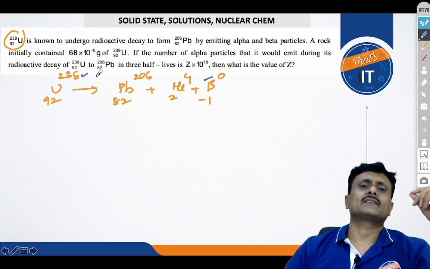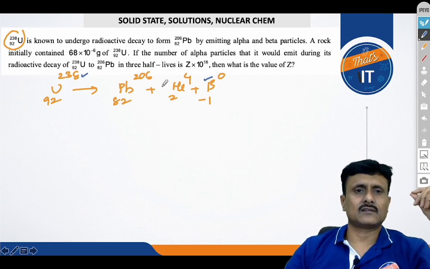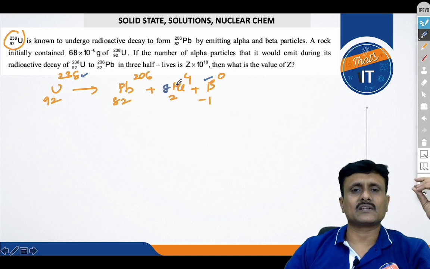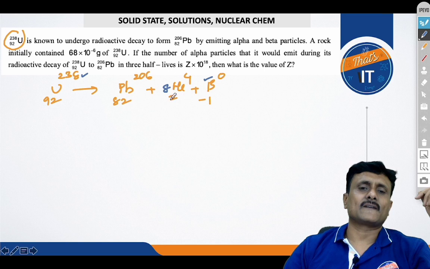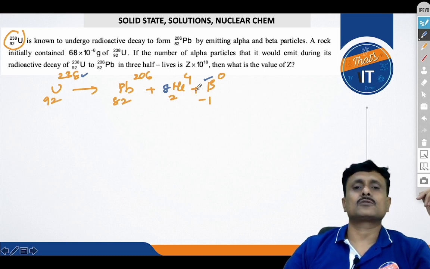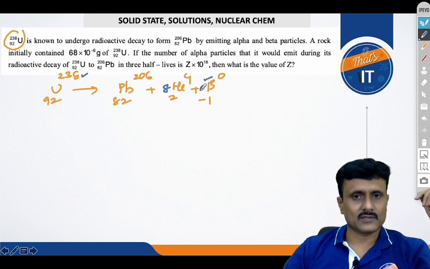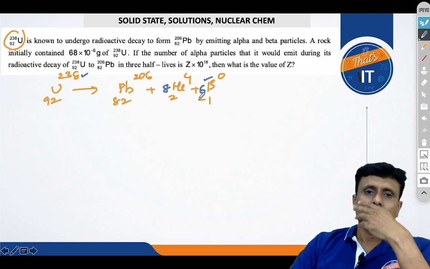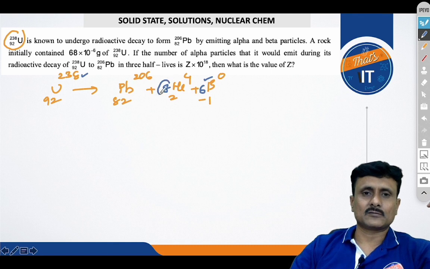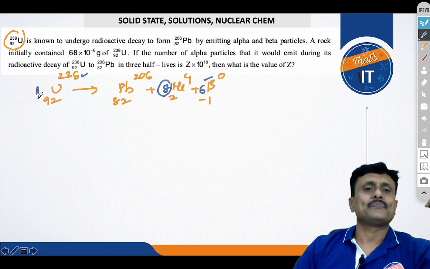So alpha particle 238, 206 means there should be 32 lacking, that is 8 alpha particles. And now you can see 82 plus how much, 16, no, 98, and there are 92 uranium, therefore there are 6 beta particles. First you have to balance it, because you have to get the mole ratio of the alpha particles versus the parent nuclide.